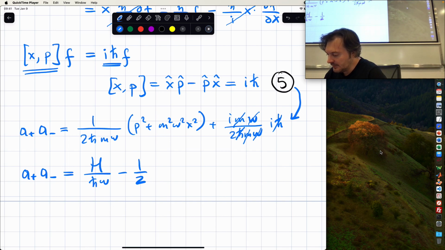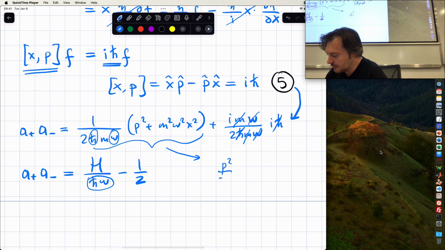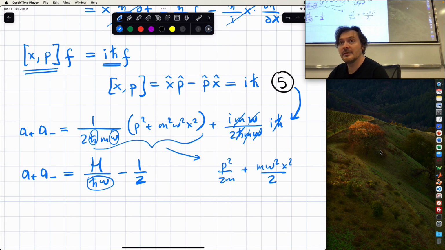And over here, how do you get Hamiltonian over h bar omega? Well, if I write h bar omega here, the rest is p squared over 2m plus m omega squared x squared over 2, right? So it is indeed Hamiltonian over h bar omega.